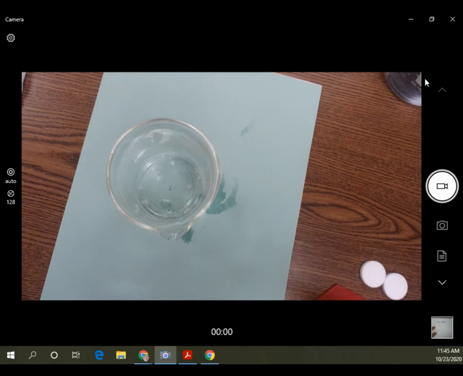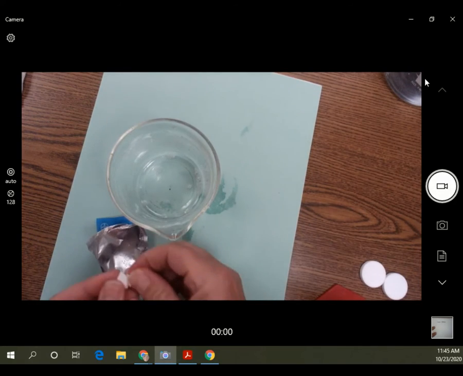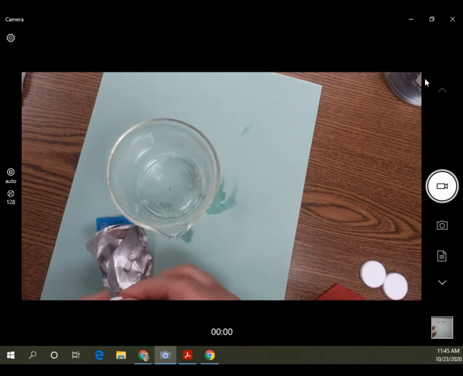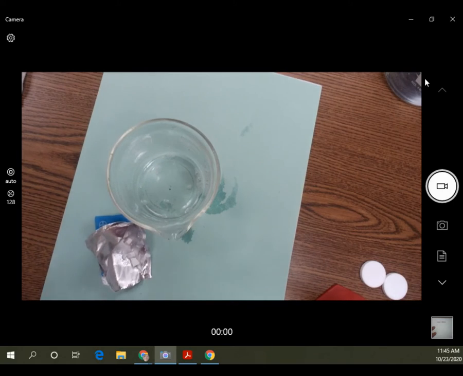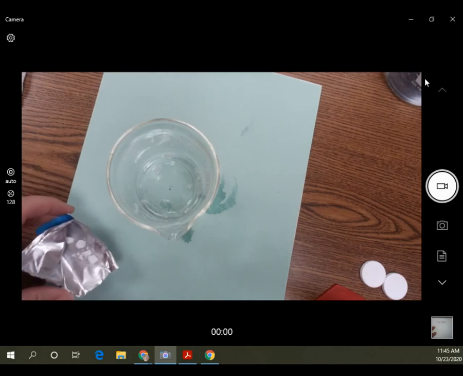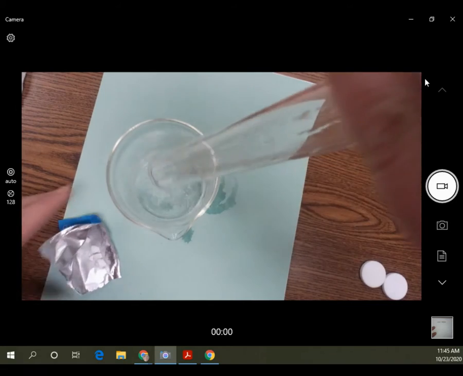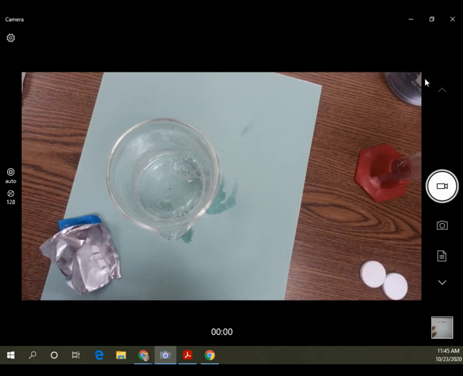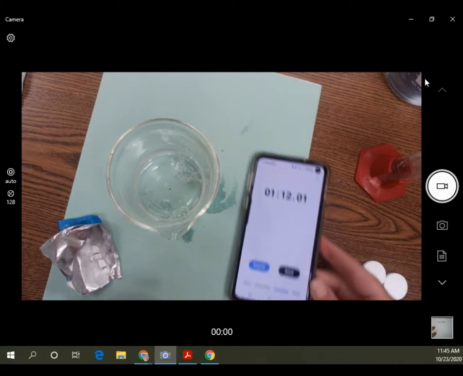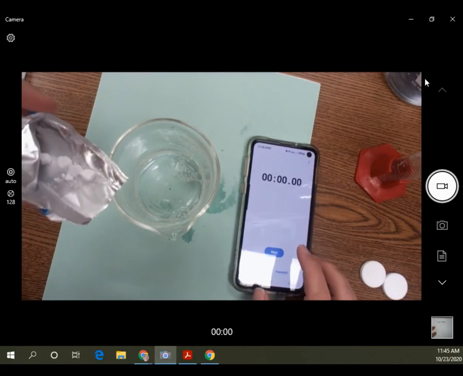Okay. We have our packet for our antacid. I'm going to break it into several pieces. Okay. And then, let's see, water in the beaker. Stopwatch. I'm going to reset that. Ready, set, go.